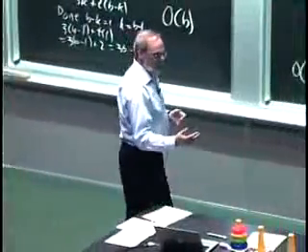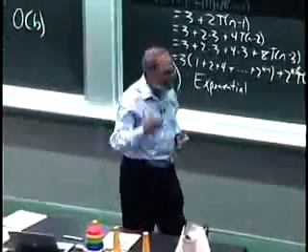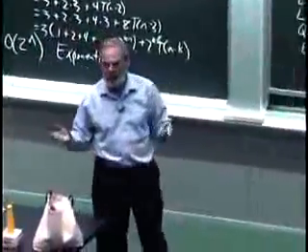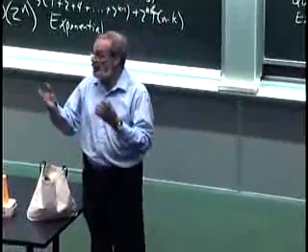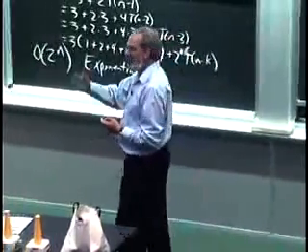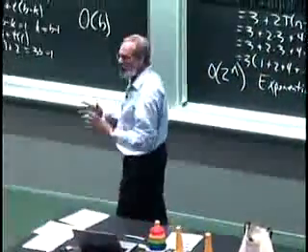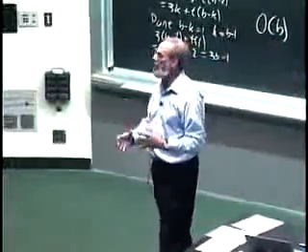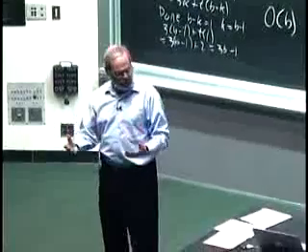A log algorithm typically is one where you cut the size of the problem down by some multiplicative factor. You reduce it in half, reduce it in a third. Quadratic algorithms tend to have doubly nested, triply nested loops, and those are likely to be quadratic or cubic algorithms.